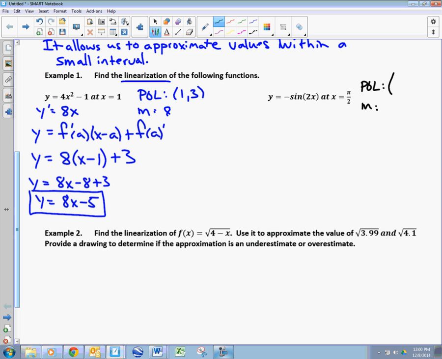Point on the line, pi over 2, what? That'll be the sine of pi, which is, pi is over here, correct?